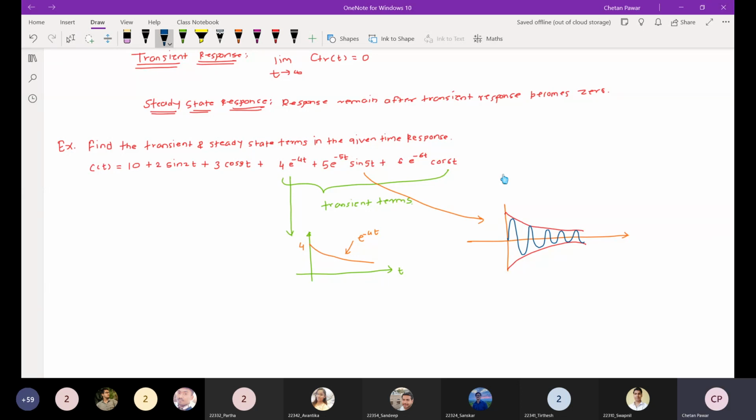So here you can see as t tends to infinity, the response becomes 0. And these are the steady state terms, right? The response remains after the transient dies out, right?